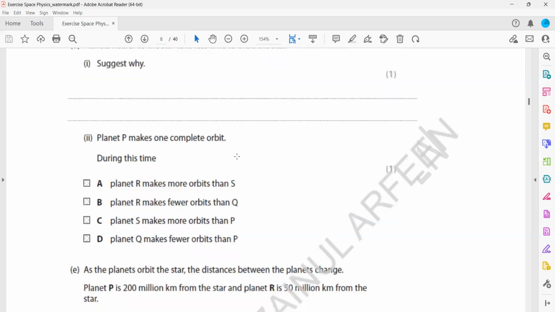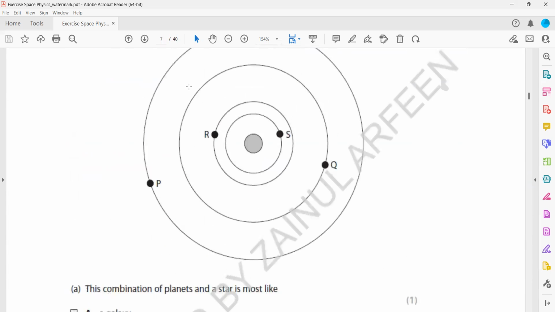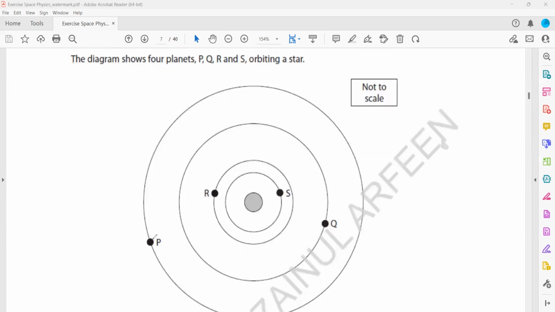Now, planet P makes one complete orbit, like this planet P. Now, which statement is correct? If planet P moves one time, it started and then returned back.